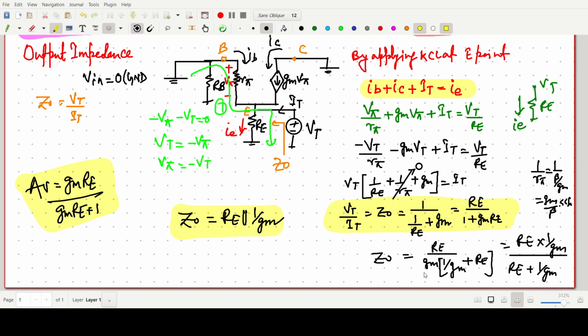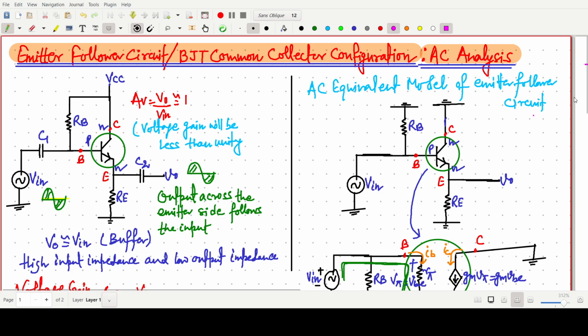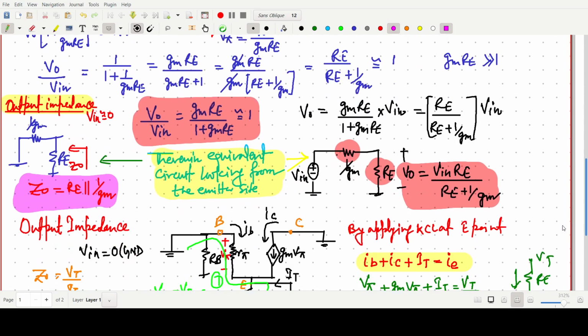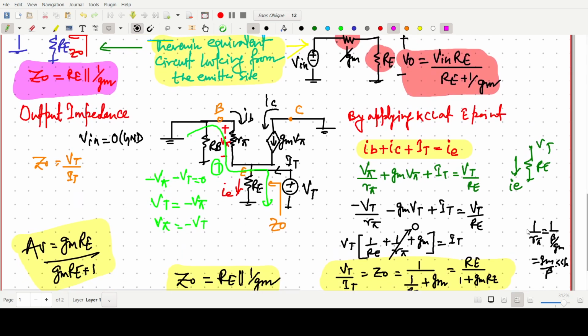Now input impedance, one more thing still left, so it is better to cover. Once again, for the input impedance we can go for this circuit.